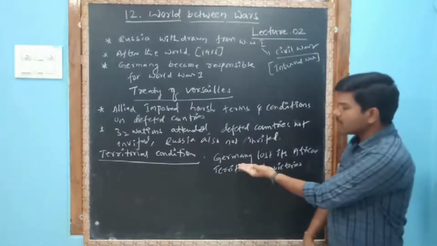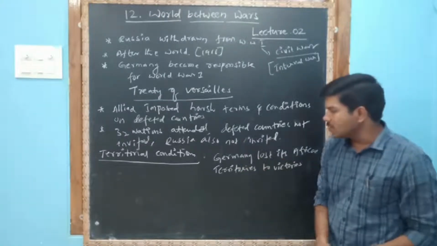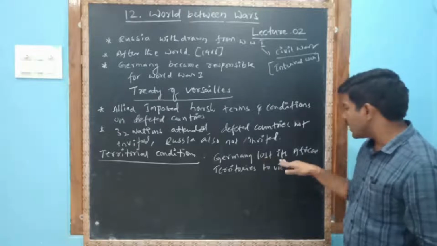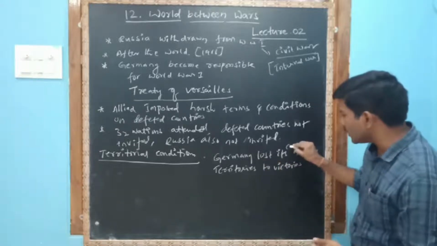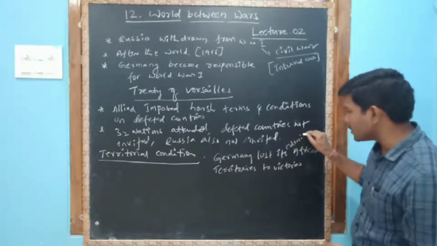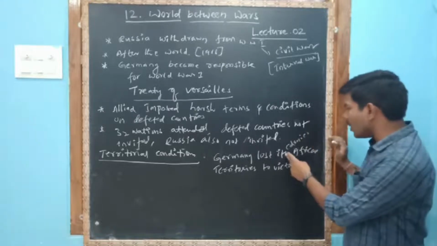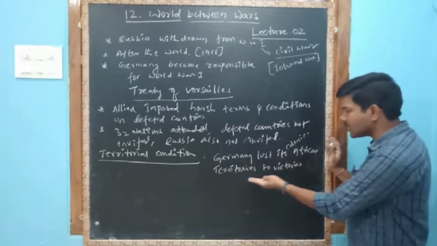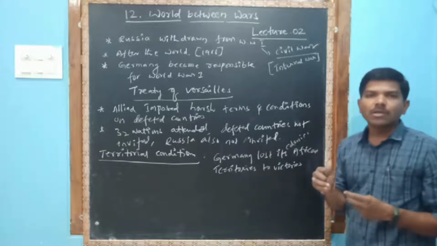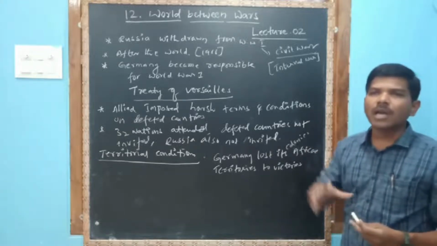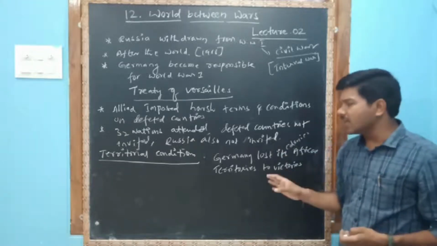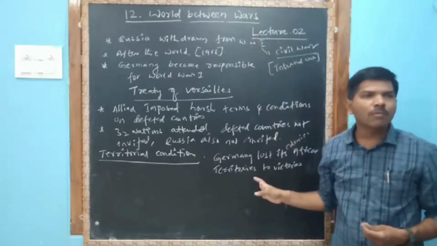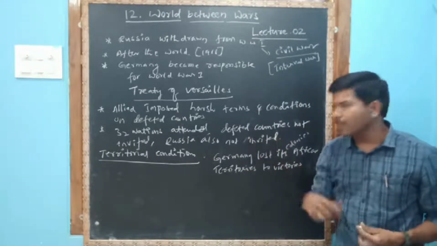Germany became responsible for the World War, hence Germany lost its colonies. So those who won the World War occupied Germany's colonies in Africa. Most of the German colonies in Africa were occupied.